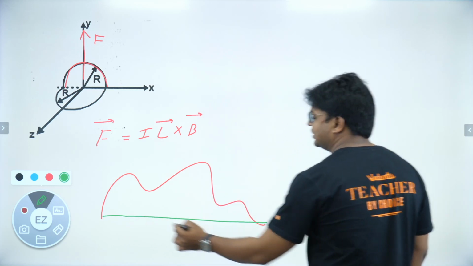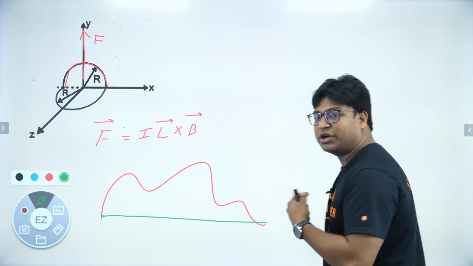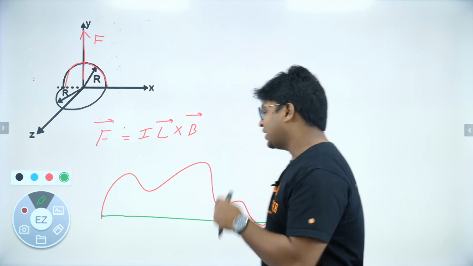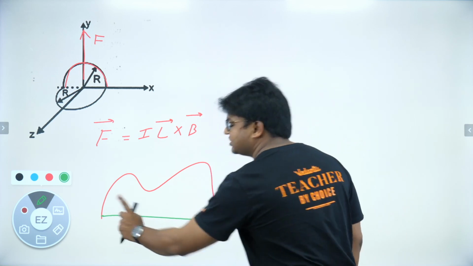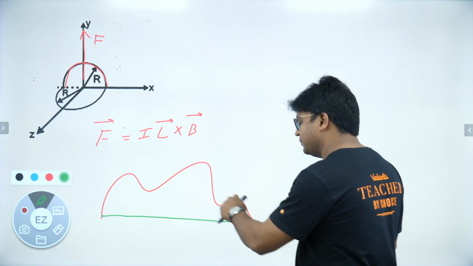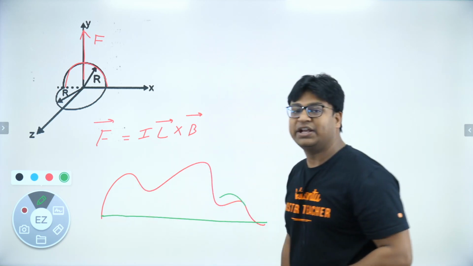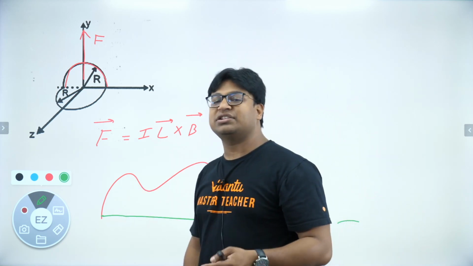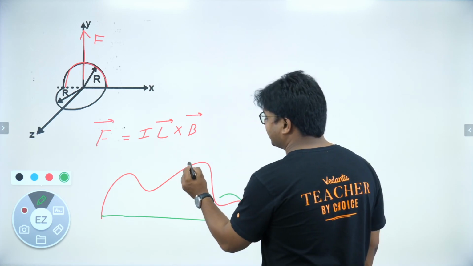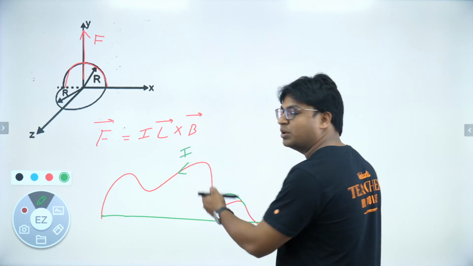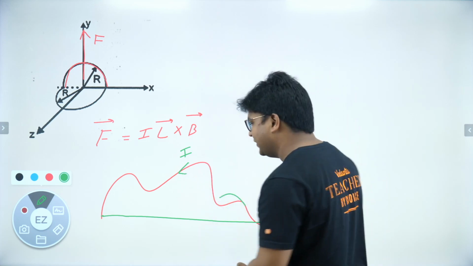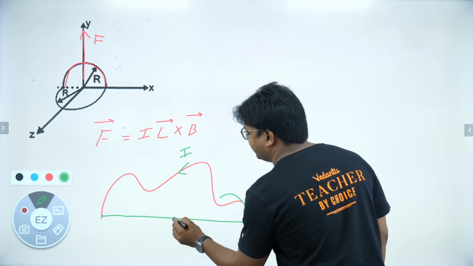When we join the ends by a straight line, whatever force will be experienced by this straight line, the same force will be experienced by the curved line also, assuming that the current is the same in both. If the current is flowing like this in the actual wire, then the current in this straight segment will be assumed like this.